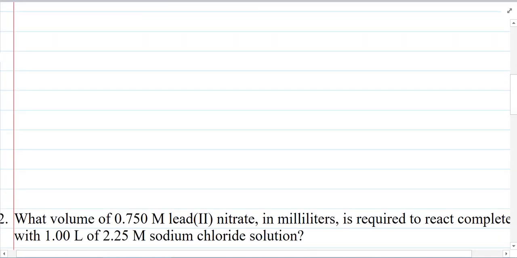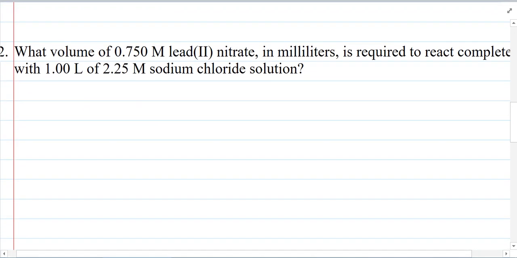Next one, number 2. What volume of 0.750 molar lead 2 nitrate in milliliters? There's our question. What volume of this guy in milliliters is required to react completely with 1 liter of 2.25 molar sodium chloride solution?